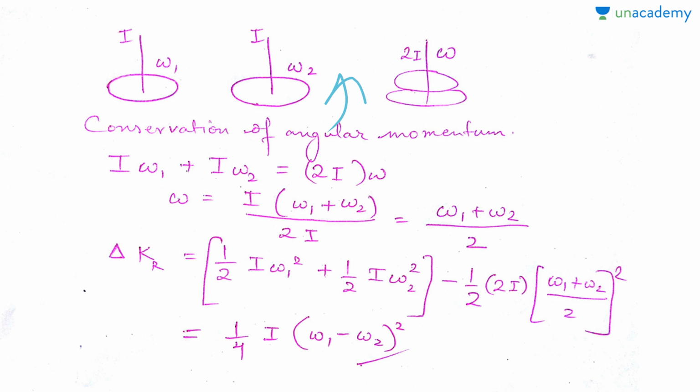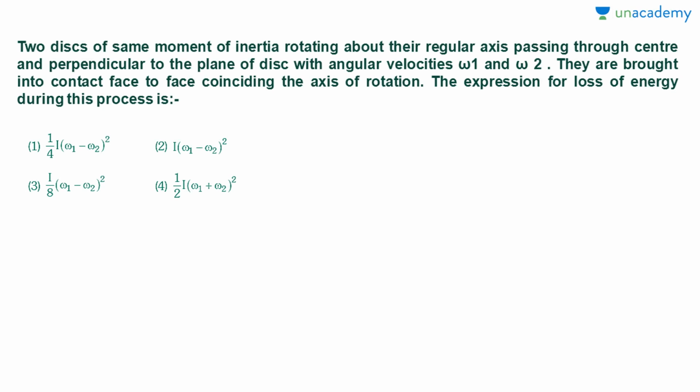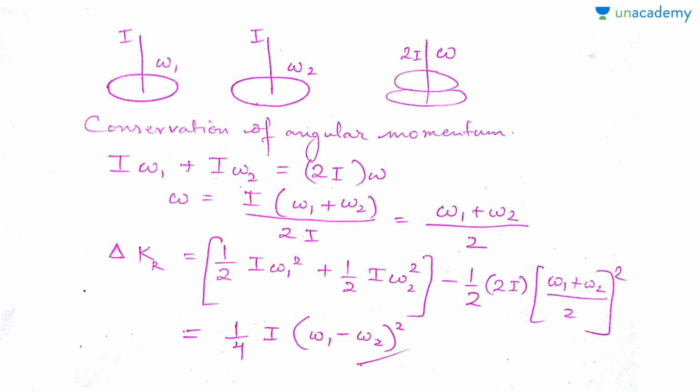Now if we combine them, the moment of inertia will become 2I, and let's say the net resultant angular velocity becomes omega. From the conservation of angular momentum, I omega initial will be equal to I omega final. Initially we have these two parts, I omega 1 plus I omega 2.